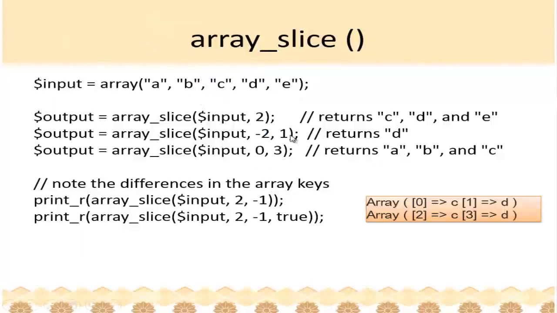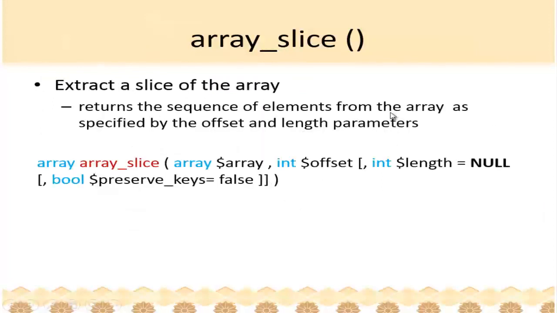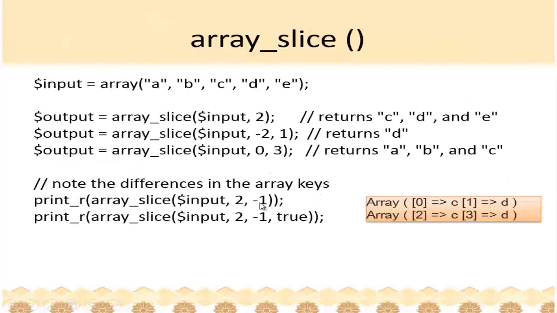Now what will happen if the last one, the length itself, is given as -1? That means, if you look at here, the minus again means the same old thing. So if you look at this one, offset 2 means you are there at this location.